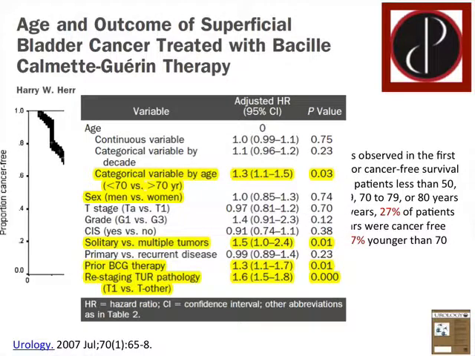And this is his multivariable analysis table, which looked at sex, multifocality, age, prior BCG therapy, and restaging after TUR as independent predictors of response to therapy. But his endpoint was cancer-free survival.